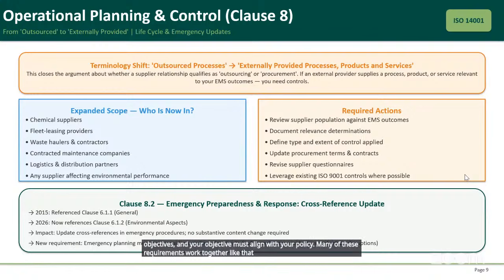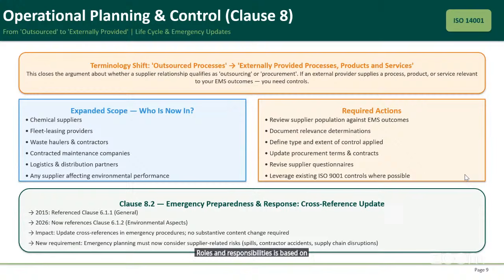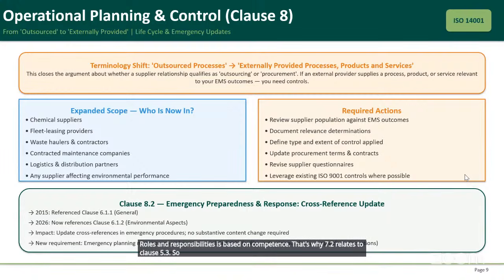They are integrated. In your operation under clause 8, there can be changes, so you come down to clause 6 to see how to manage your changes. Roles and responsibilities are based on competence. That's why clause 7.2 relates to clause 5.3. So in our full ISO class, we give this detailed explanation so that every delegate understands simply that there is a flow of this standard.